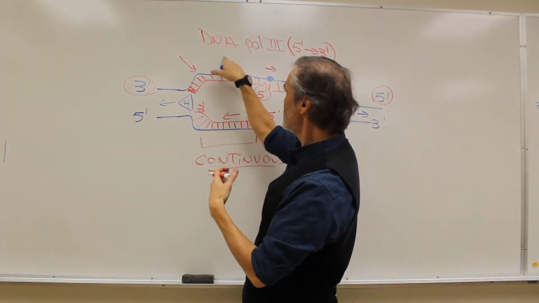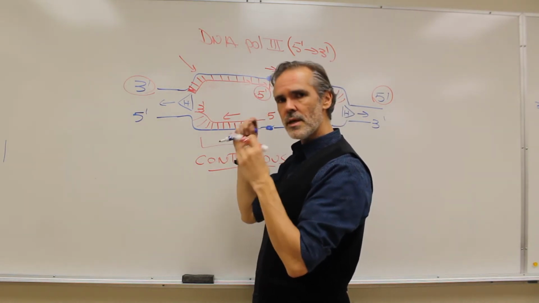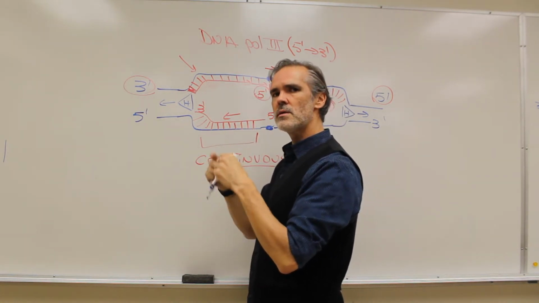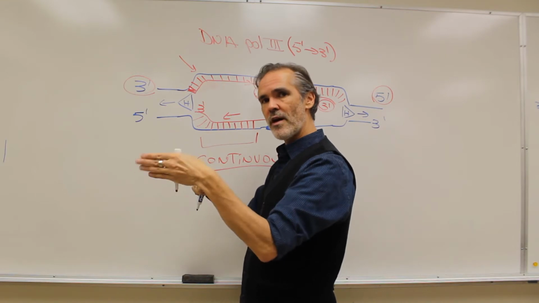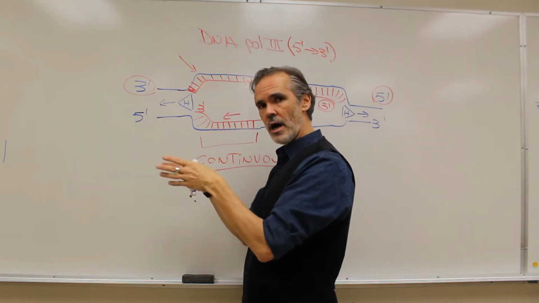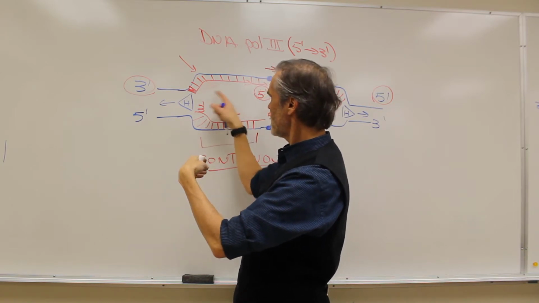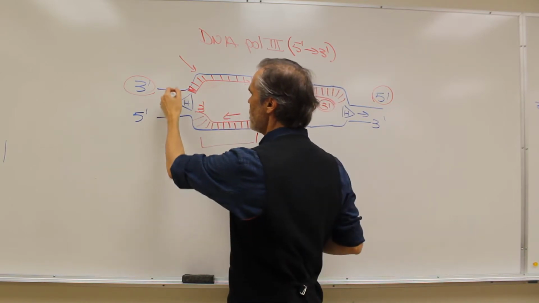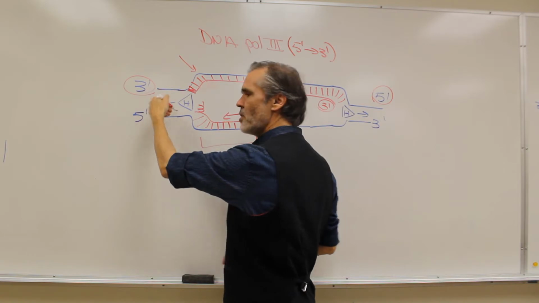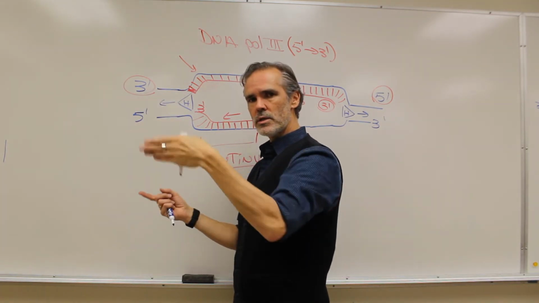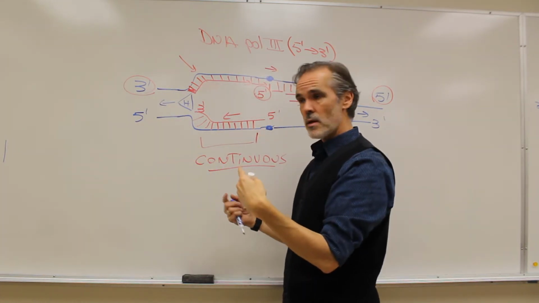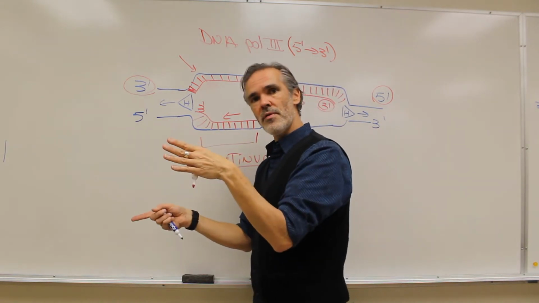Same enzyme, DNA polymerase 3, but it only adds from 5 prime to 3 prime. That's what it does. So it reads 3 prime to 5 prime. Well, it can't read it here because this is not separated yet. So what do we do, right? Well, we wait. We wait until the fork opens again.